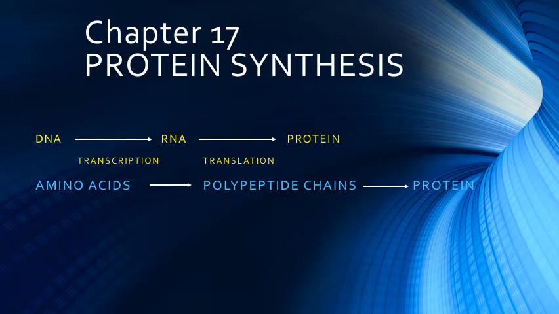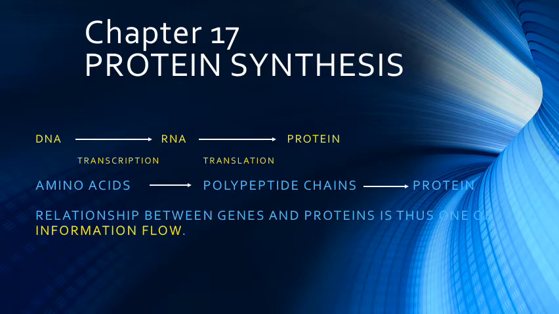And then eventually we're going to fold that polypeptide chain into a three-dimensional structure, and that will be the defining protein. So the relationship between genes and proteins is therefore one of information flow.